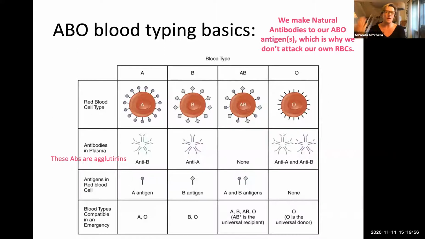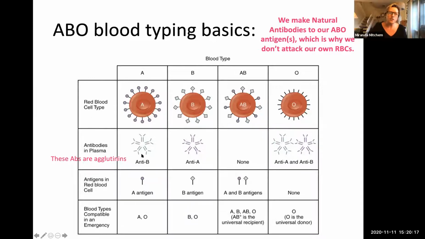But those ones didn't go through the process of tolerance like my A ones did, because I don't have B on my red blood cells. So there's no way for my immune system to become tolerized to B because I don't have that antigen in my body anywhere. But with A, it works.